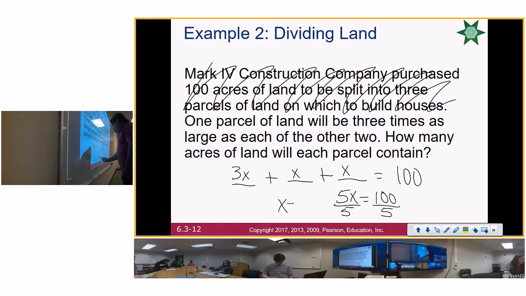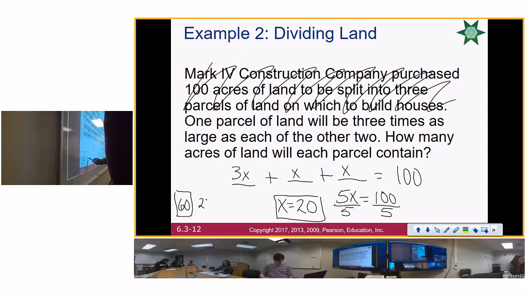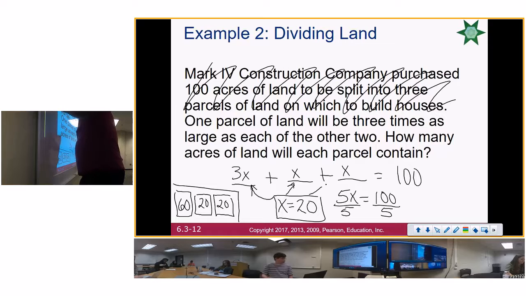Are you done? No. One parcel is 60 acres. The other parcel is 20 acres. And the other parcel is 20 acres. This is your answer, and you get it by plugging it into those three.